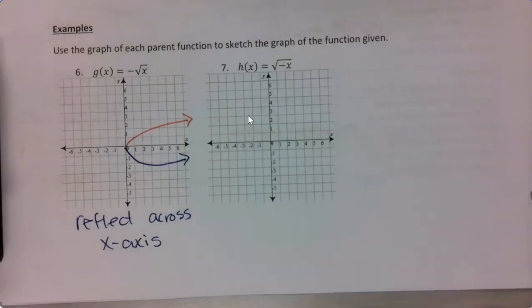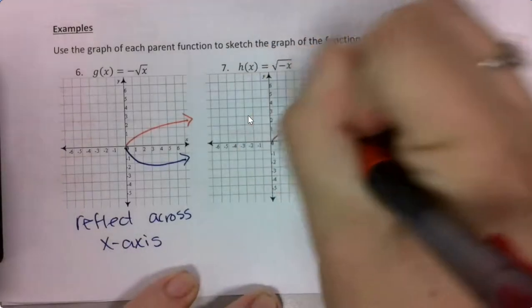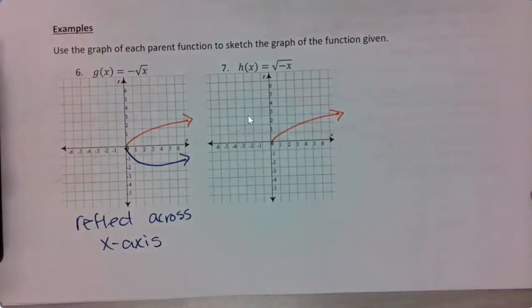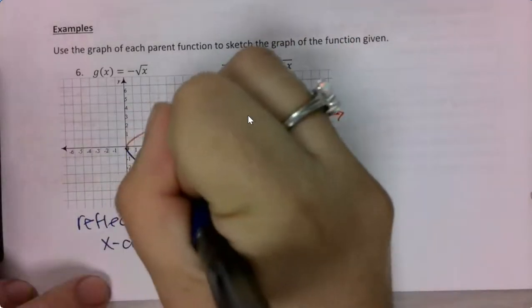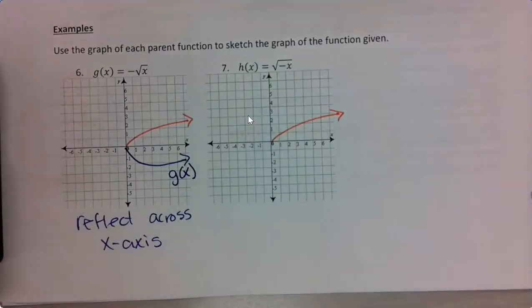Okay. So, same thing for number 7. Gonna draw this parent function. Oh, I forgot to label my last one. Where is this? What is it doing?